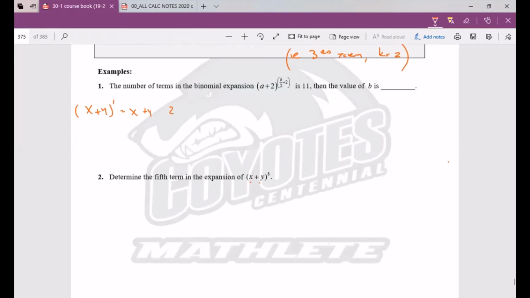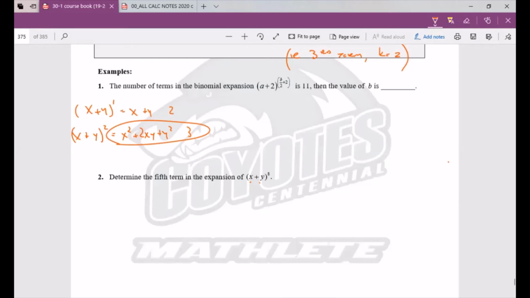There's 2 terms. x plus y all squared is x squared plus 2xy plus y squared. We have 3 terms. Students often get this the wrong way around. They know that the term numbers and your number n differ by 1, but you can't remember which way it is. If you think back to what's going on in here, that will help you.